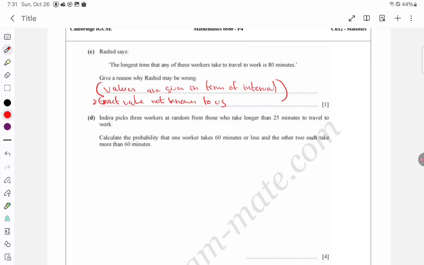Now in part D, Indra picks three workers at random from those who take longer than 25 minutes to travel to work. Calculate the probability that one worker takes 60 minutes or less and the other two each take more than 60.